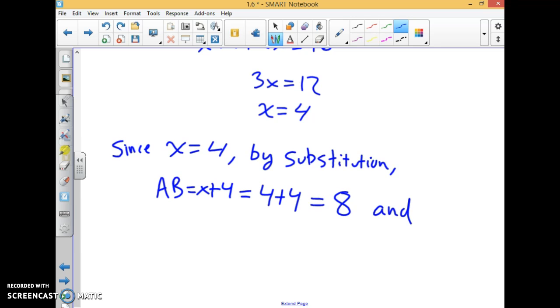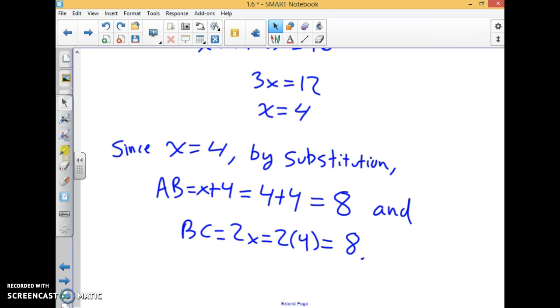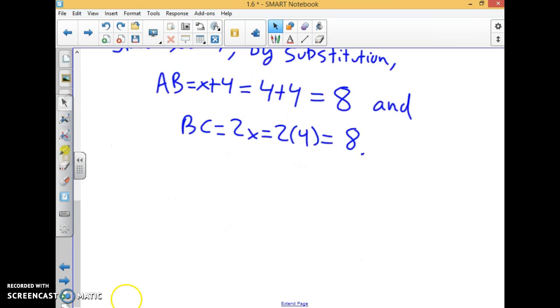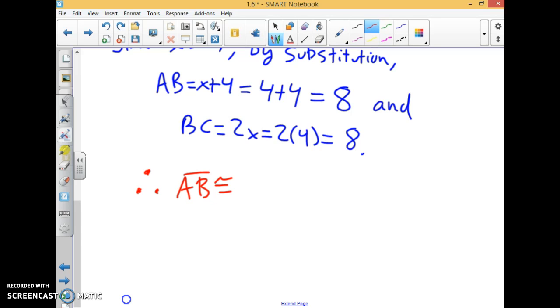And BC equals 2x, which equals 2 times 4, which equals 8. Now we're ready for our concluding statement. Therefore, segment AB is congruent to segment BC because if two segments have the same measure, they are congruent.